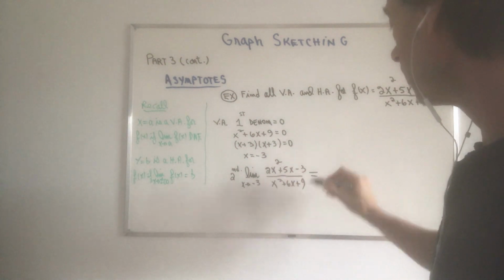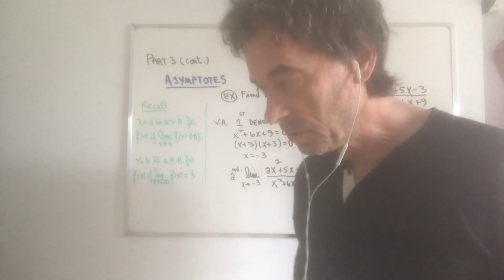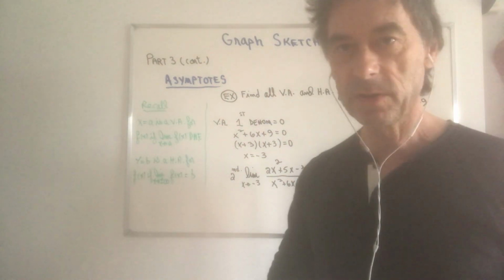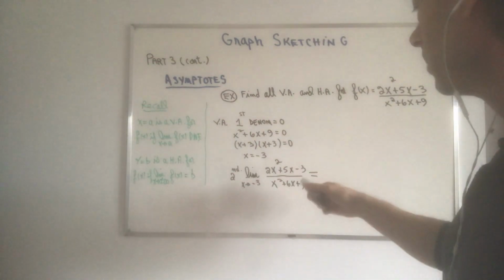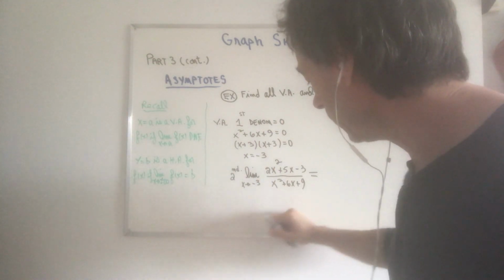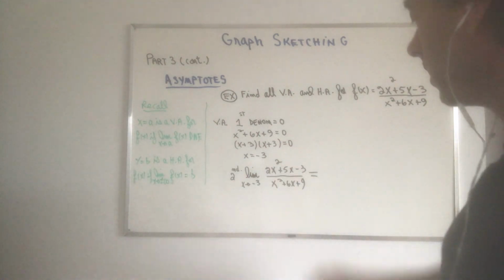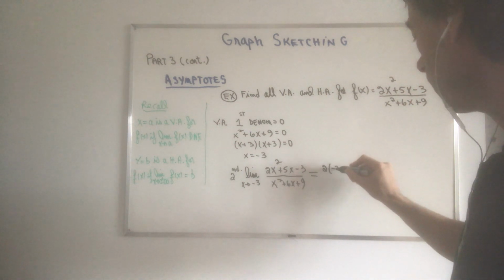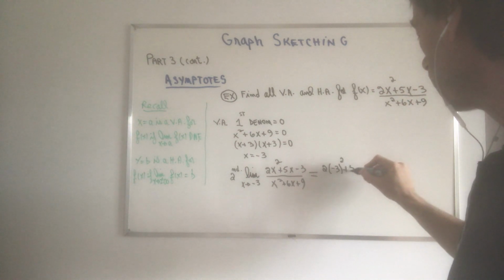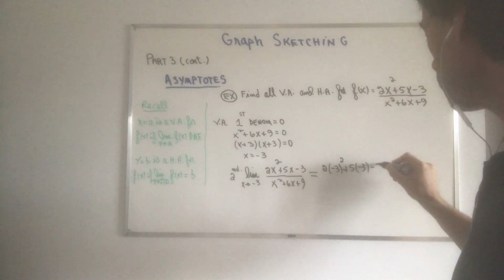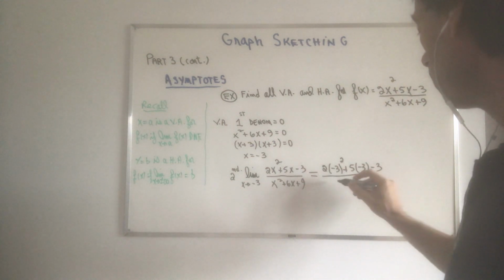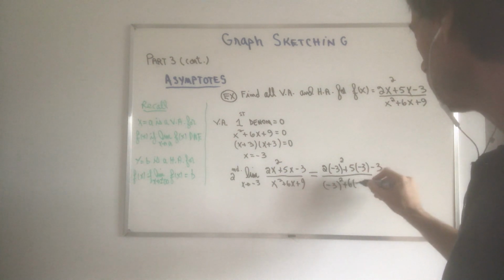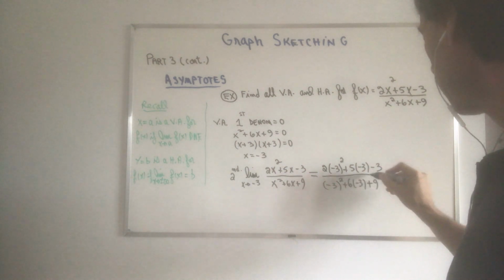All right, so it's a good place to mention that these are good limit problems, so we're reviewing what we've seen in the very early part of the semester. So how do we do limits? We actually cheat. Let's replace x by negative 3. 2 times negative 3 squared plus 5 times negative 3 minus 3 over negative 3 squared plus 6 times negative 3 plus 9.